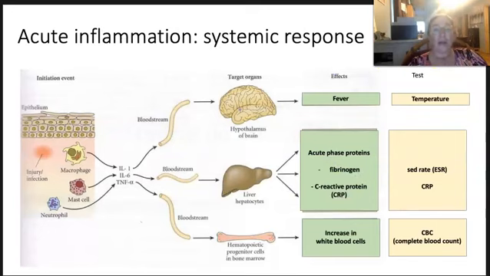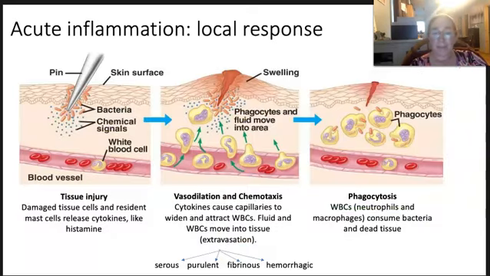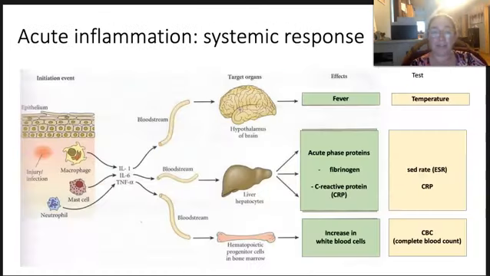So also in acute inflammation, what we have in this slide here is we're talking about what's happening locally in the tissue at the site of injury or the site of infection. But more systemically throughout the body, these cytokines are being made by white blood cells like macrophages and neutrophils and mast cells, the important cells of the innate immune system.